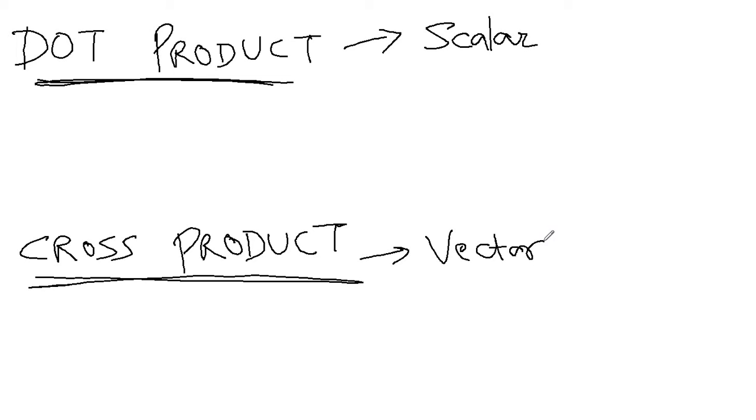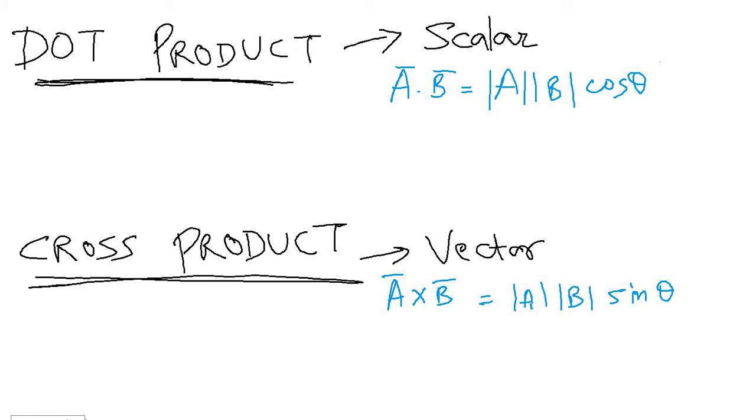And the dot product is given by the product of the magnitude of A and the magnitude of B times cos theta, where theta is the angle between the two vectors, vector A and vector B. Similarly, the vector product or the cross product is given by the product of the magnitude of A and the magnitude of B times sine of the theta, where theta is the angle between the vectors A and B again.